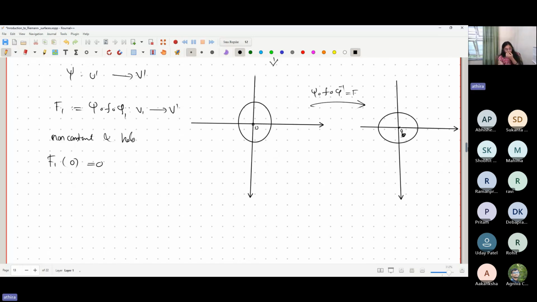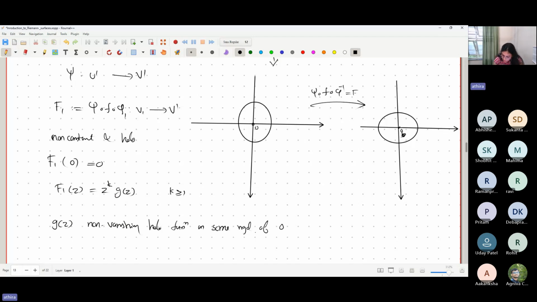Here F1 is a holomorphic function on the complex plane, so it has a power series expansion. F1 of Z equals Z to the power K times G of Z, where clearly K is greater than or equal to 1 because this satisfies this condition, and G of Z is a non-vanishing holomorphic function on some neighborhood of 0.